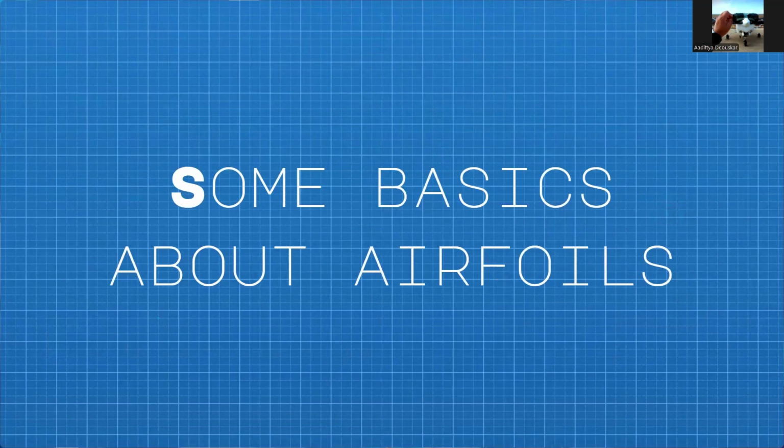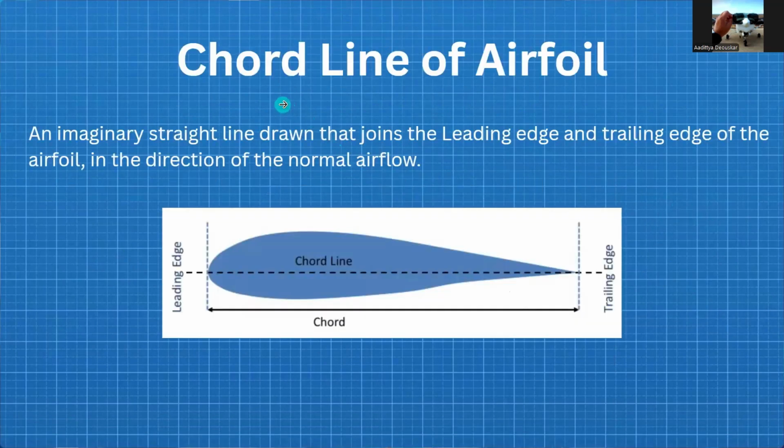Now, here are some basic features that are extremely helpful when studying aeronautical engineering, and these are some basics about airfoils. The first term is the chord line of an airfoil. A chord line is an imaginary line that connects the leading edge to the trailing edge. Now you may wonder what a leading edge and a trailing edge are. It's very simple.